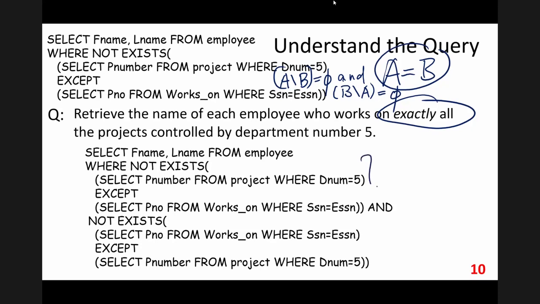But when you write it, you just add, because look at the first part, A is contained in B. Then the second part, B contained in A. So the first part, A is a subset of B. The second part, B is a subset of A. Look at that.